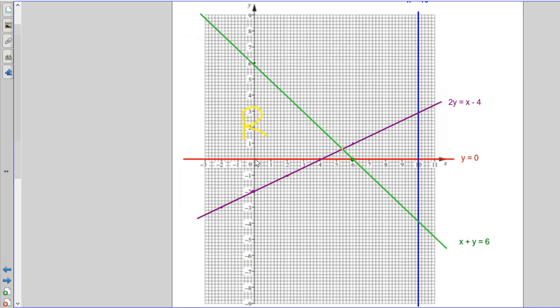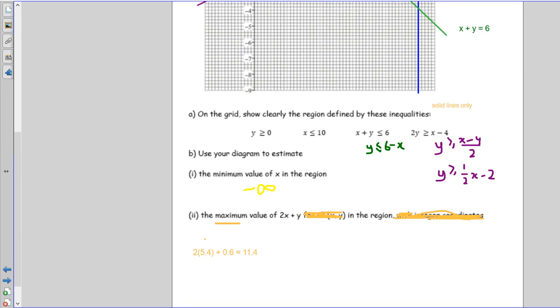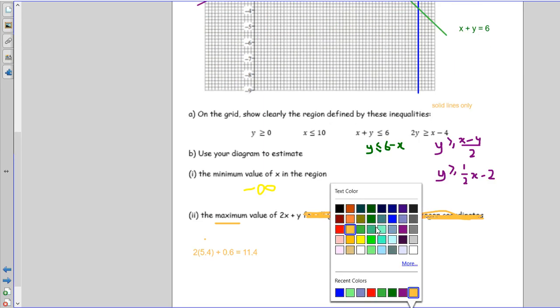If you did 2x plus y for this point here, 2 times 0 plus y is just 6, so that's a smaller number than 11.4. If you use this point here, that's roughly about 4. So 2 times 4 is 8, plus 0 is just 8. So that's not a big one. So it seems 11.4 is our answer. We'll go with that for now.